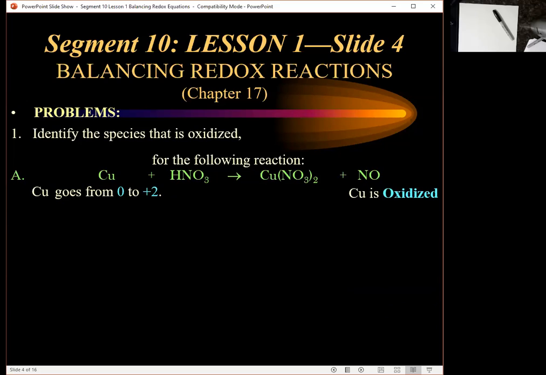Okay. Now, let's look at the other species. Which one is reduced? If I'm counting up oxidation numbers, oxygen is always -2, except in peroxides, and this is definitely not a peroxide, it's a nitrate. So oxygen is -2, and there's 3 of them, so that gives us -6 total.